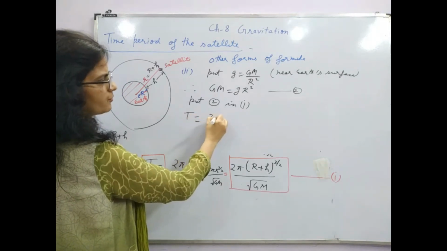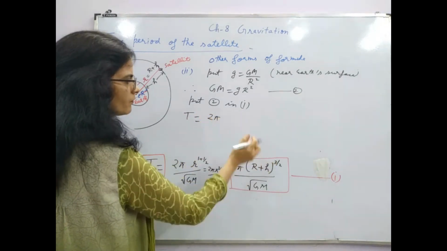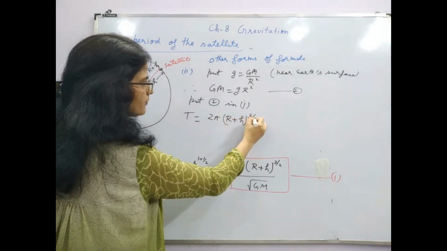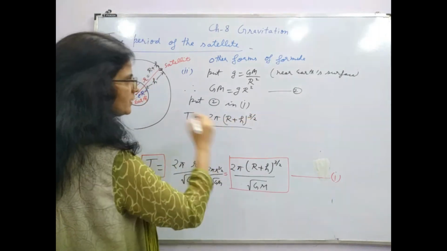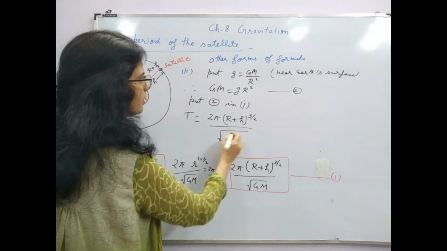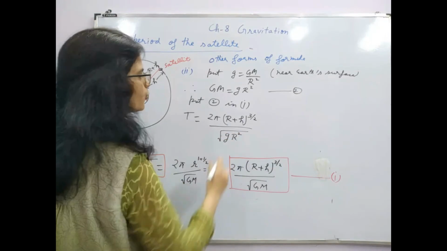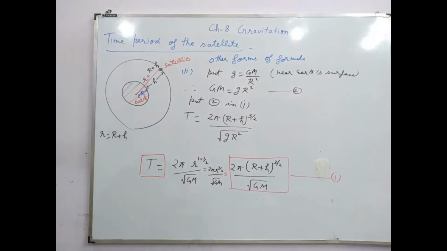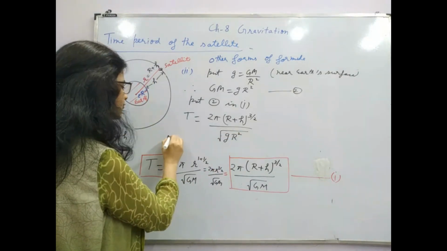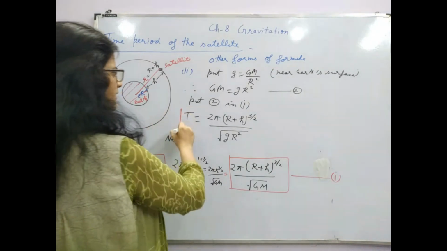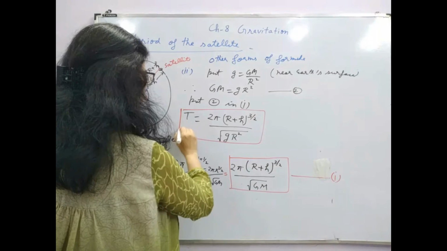Time period is 2 pi R plus h to the power 3 by 2 upon under root of gR square. Right? And near Earth's surface, this is another form. You can write this also as one form.